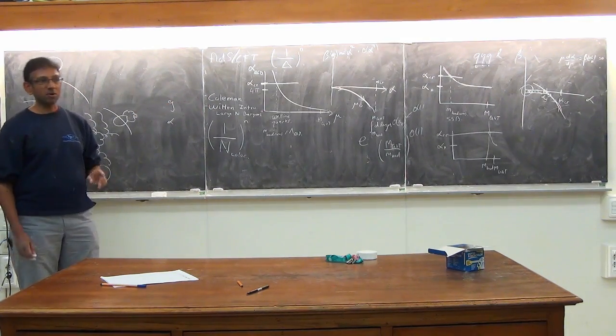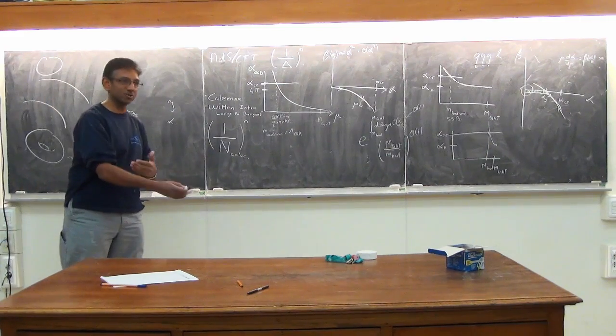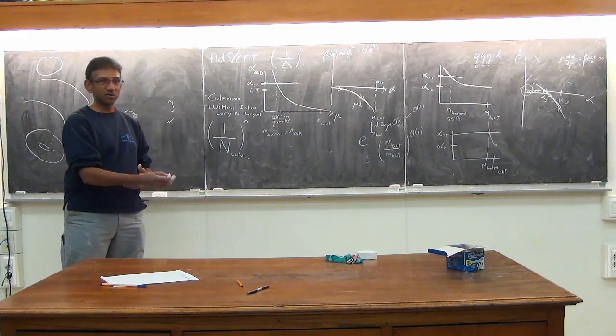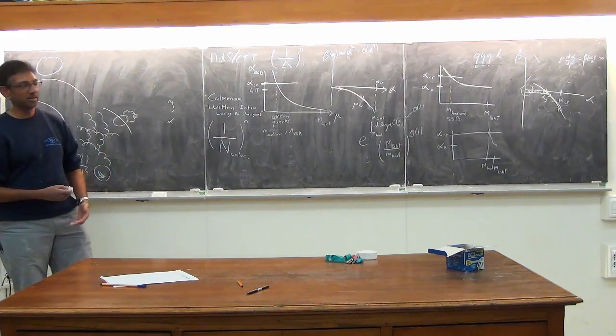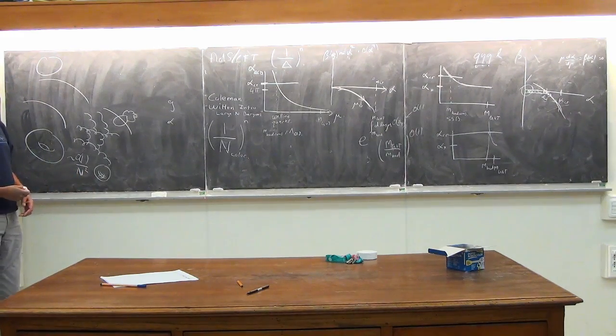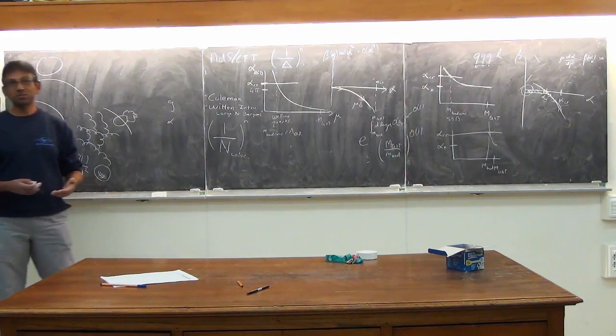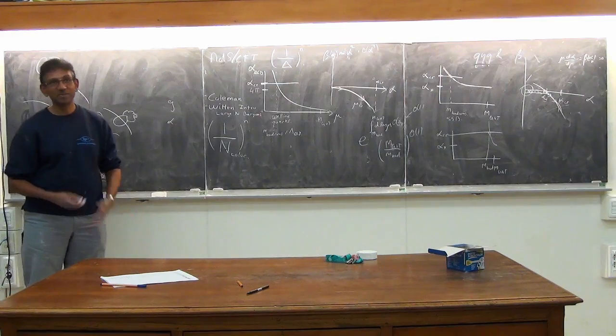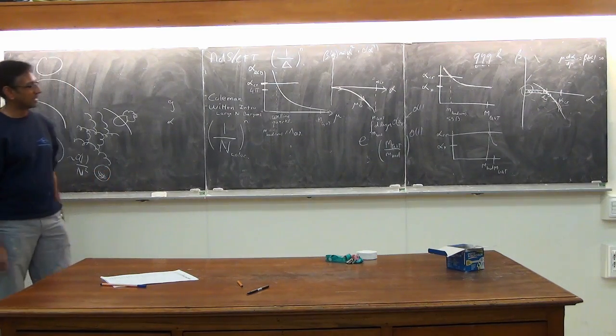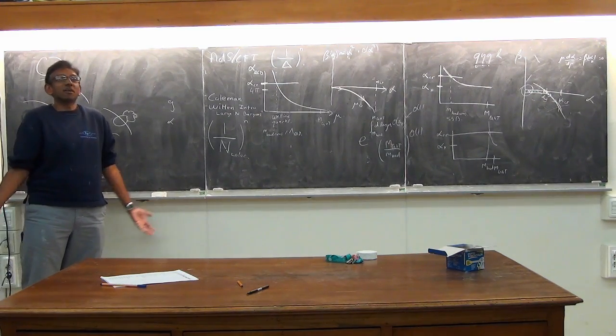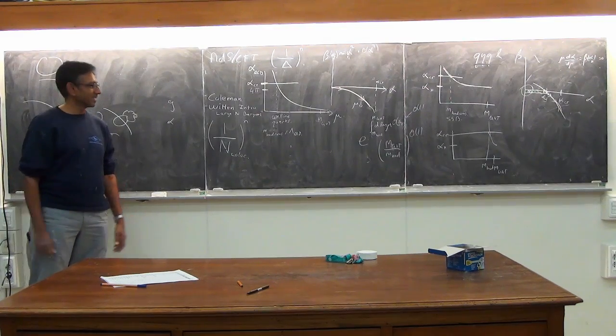Because it is logically possible to confine and not break chiral symmetry, or to confine and break chiral symmetry. And it's even possible to break chiral symmetry and not confine. They're logically independent. After all, the linear sigma model doesn't confine, but it breaks chiral symmetry.